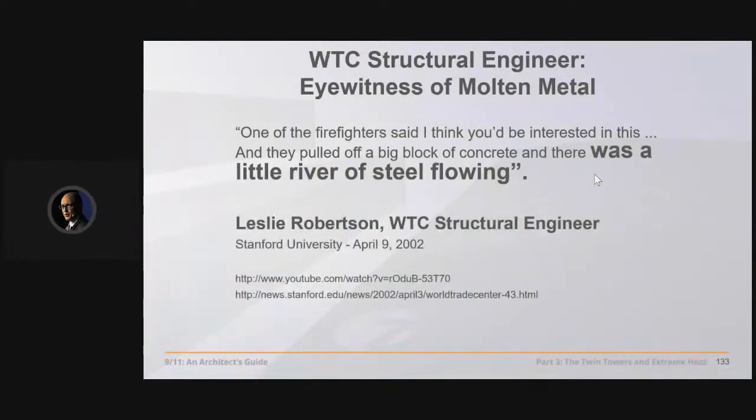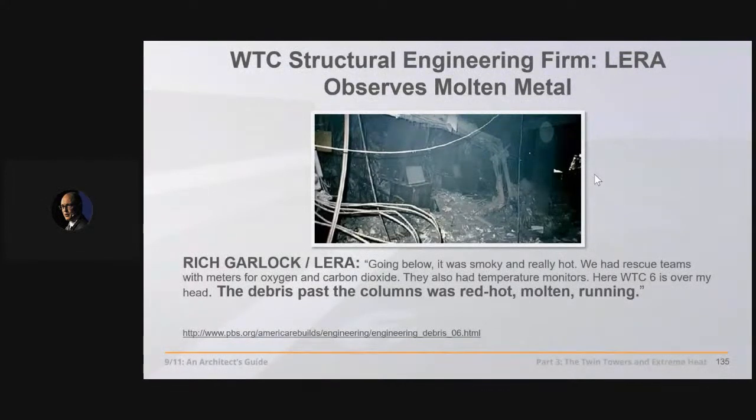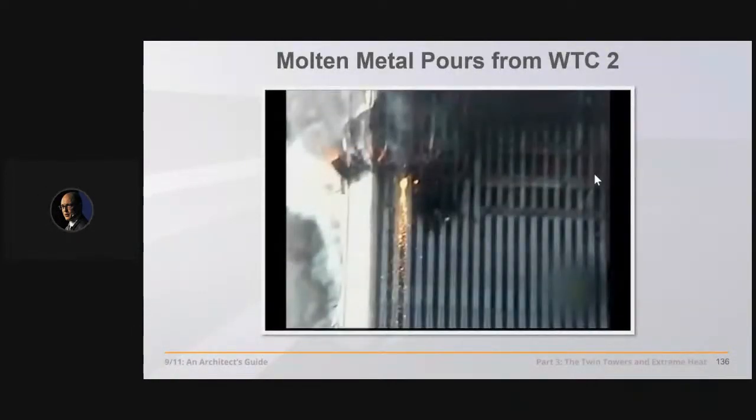The structural engineer of the World Trade Center himself, Leslie Robertson, and his associate, Richard Garlock, who says the debris past the columns was red hot, molten, running. As you see, pouring out of the South Tower minutes prior to its collapse.